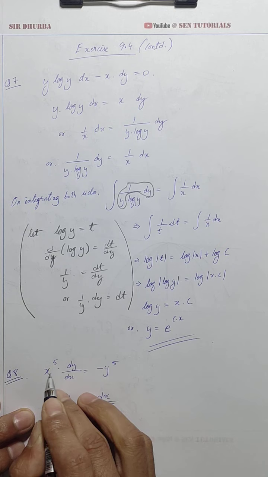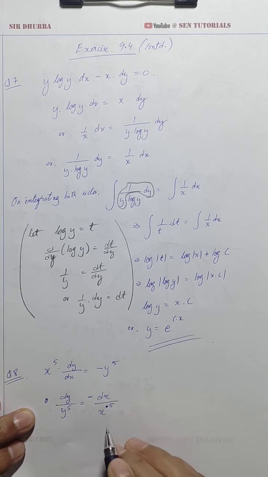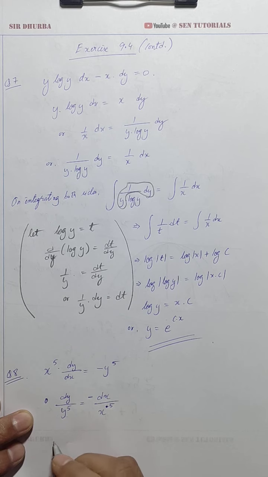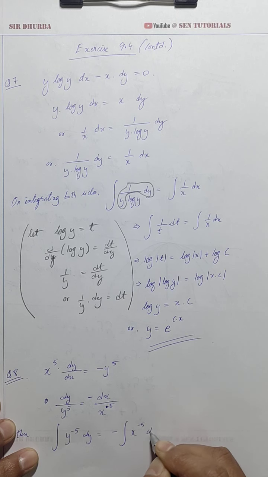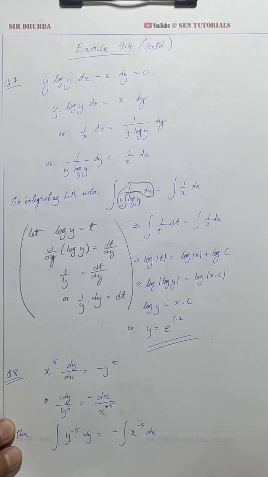Then integrating both sides, what shall we have? y power minus 5 dy equal to minus x power minus 5 dx. Alright, write it down. You can pause the video.